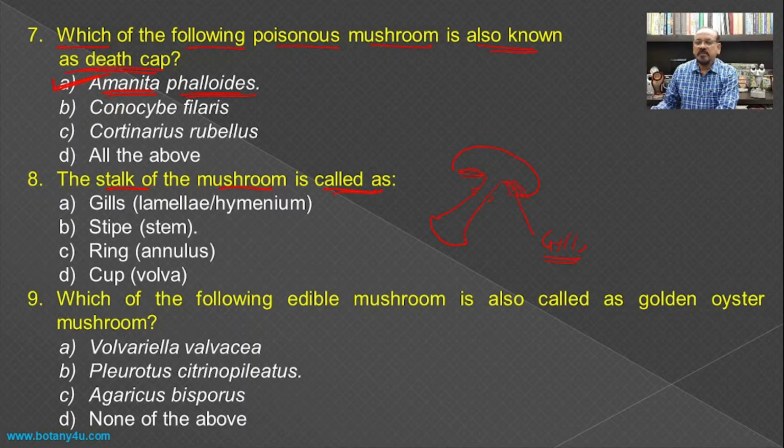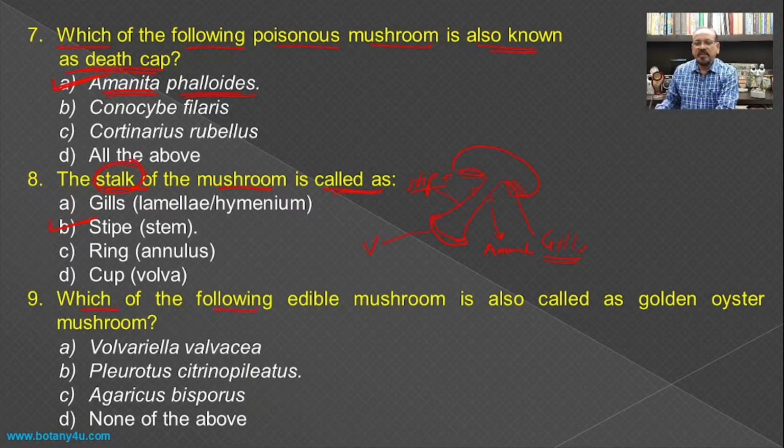Then there is a presence of a cup-like structure at the base, and that is known as the volva. Here the ring-like structure is present on the stem, and that is known as the annulus, and this stalk is known as the stipe or the stem. So it means that the stalk asked about is the stipe of the mushroom.